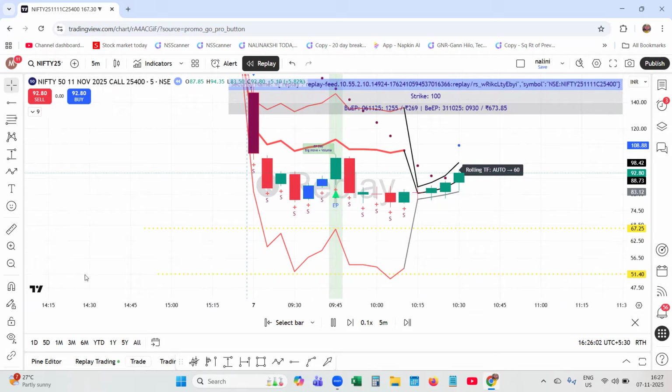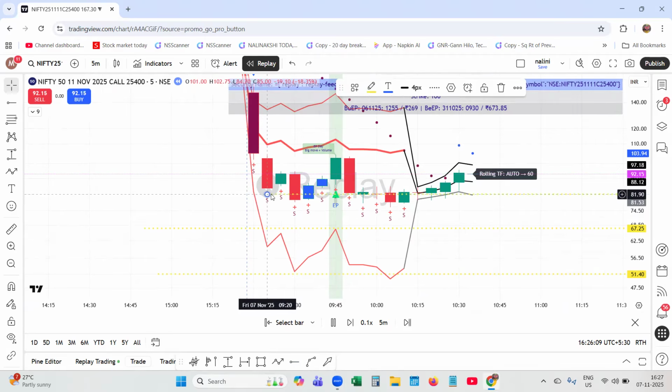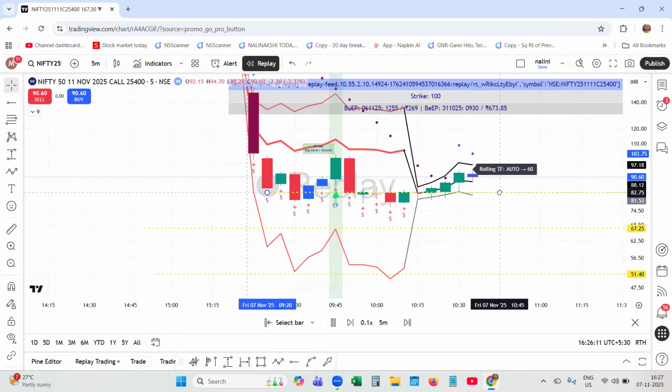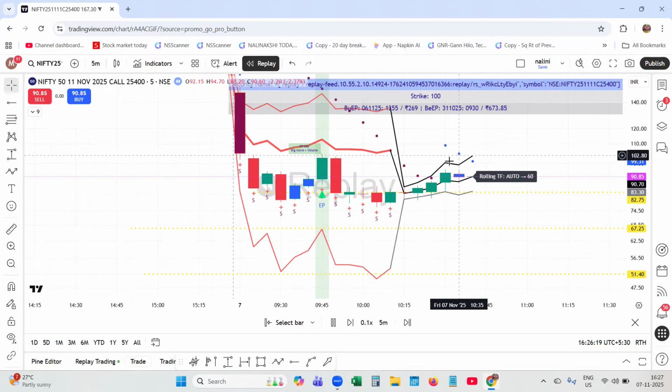Let me take the tool and show you. I am marking this balance line. Something unusual happened in the market. GannHiLo changed its color.